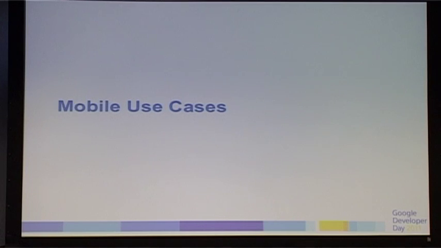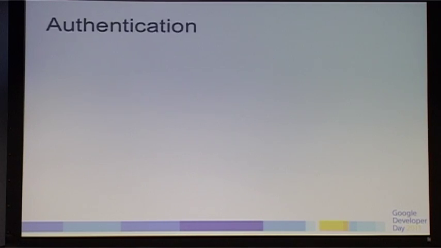So we can have this single sign-on experience between Google Apps and these third-party accounting or payroll or what have you apps. A lot of those companies come to me and say, I don't know how to implement OpenID, because I need to authenticate users on my own native mobile applications. So how do I do that? So we're talking mobile use cases here.